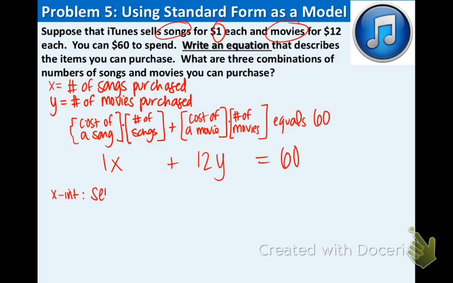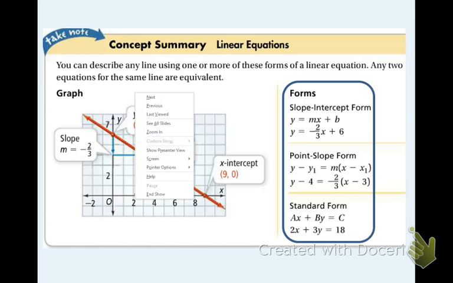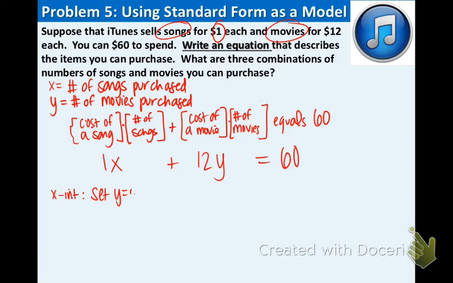We're setting y equal to 0. So that means we have 1x plus 12 times 0 equals 60. This cancels out, x is equal to 60. So that means if you purchase 60 songs, you can not get any movies, 0 movies. So there's our first combination.